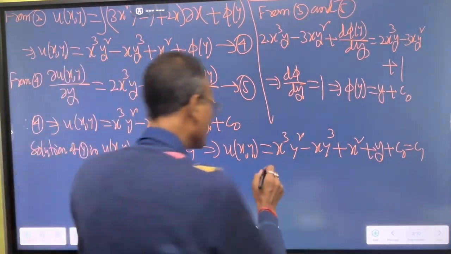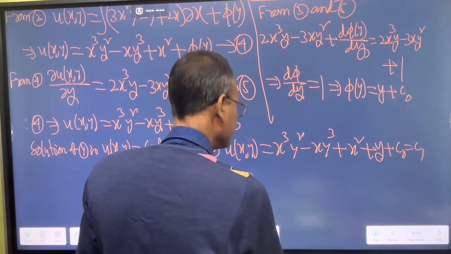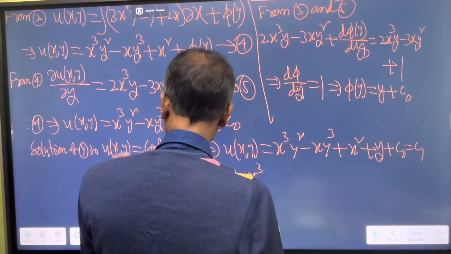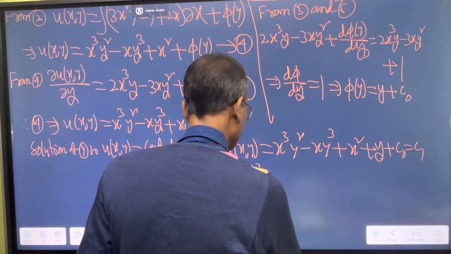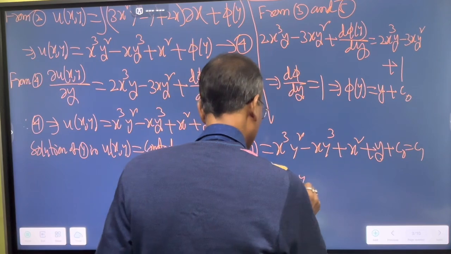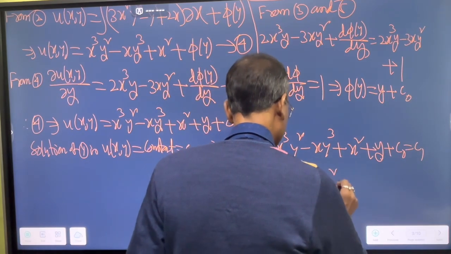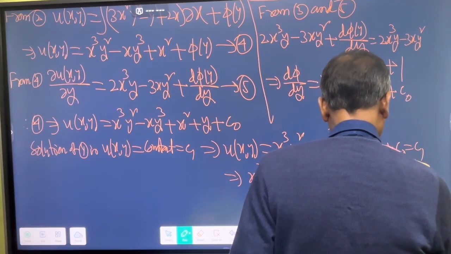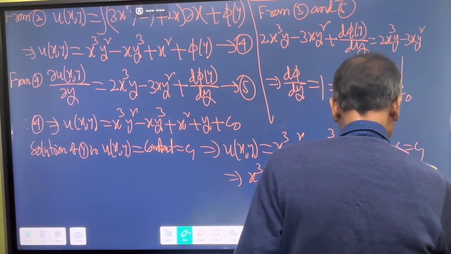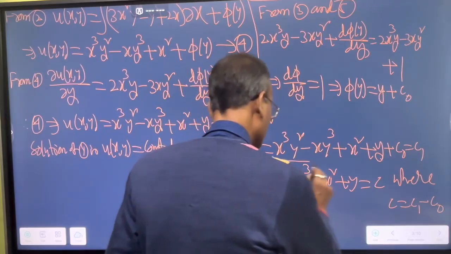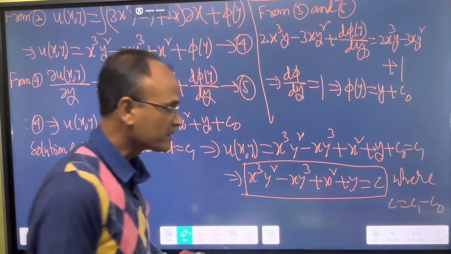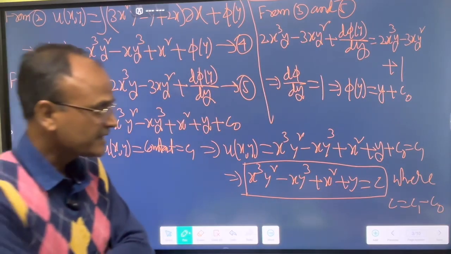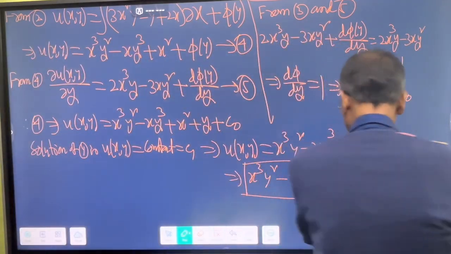This means x cube y square minus x y cube plus x square plus y equals c, where c equals c1 minus c naught. This is the solution of the differential equation.